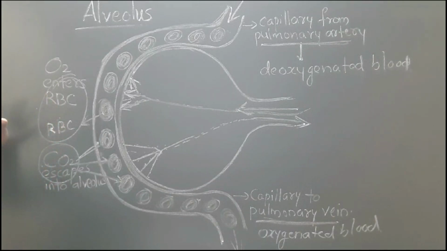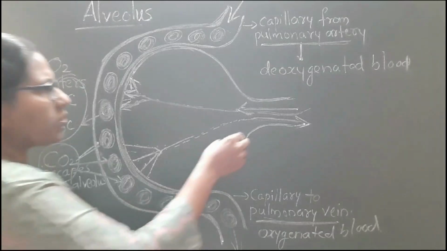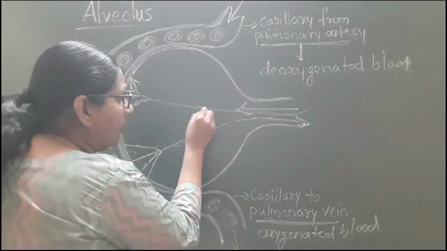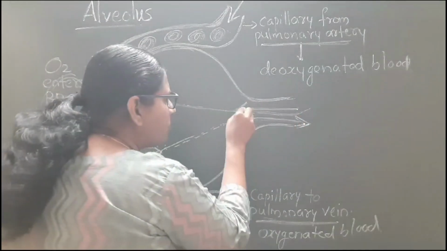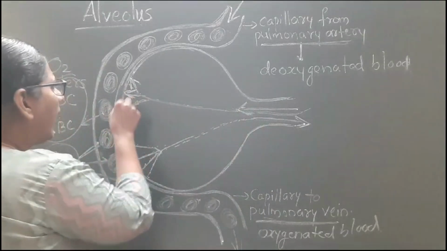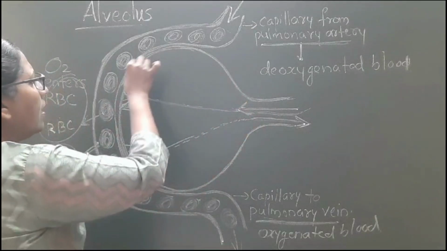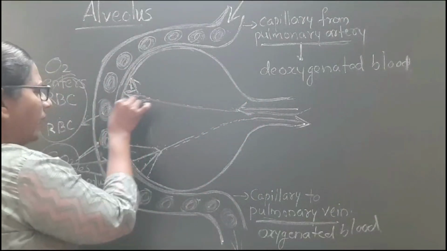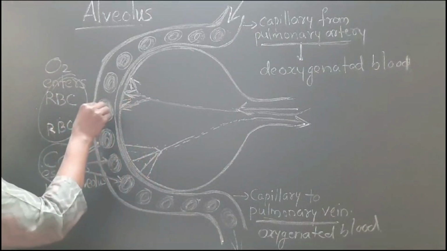So how do we get this oxygen? We breathe mixed air, and from that our lungs take oxygen. In the lungs there are a number of alveoli, and the oxygen comes to the alveolus. The alveolus membrane is very thin and elastic. Through it, oxygen diffuses and gets into the blood.